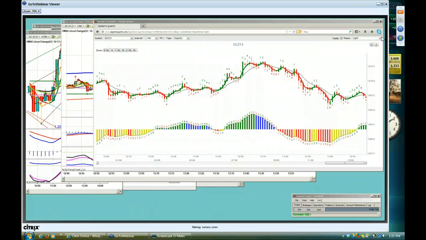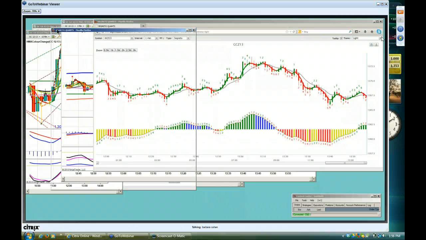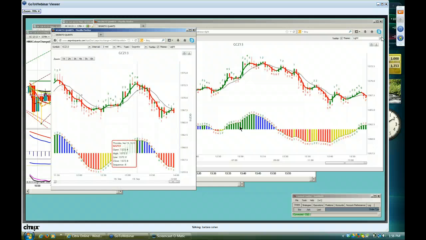And to do that, you have to connect a couple of dots. You have to go, okay, my 1 minute's giving it to me. Let's see what my 3 minute is doing. And this was at 12:58. So let's go to 12:58 here. Yeah, so 57:58.